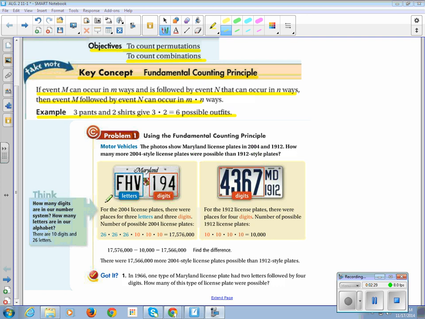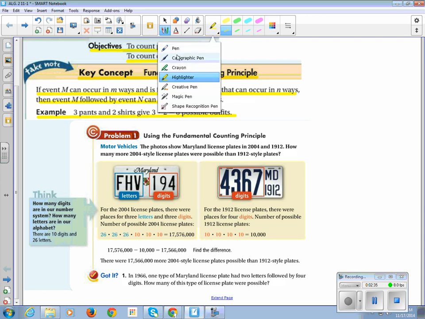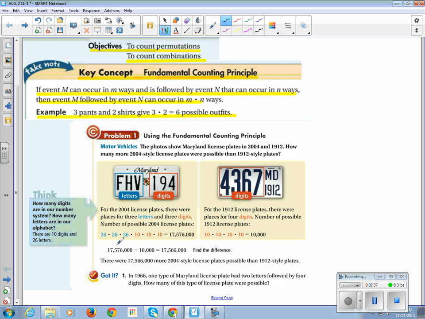So you want to look at it, and I do this by making a little line to represent each item that I'm looking for. So in this case I have 3 letters, 1, 2, 3, and 3 numbers, 3 digits, 2, 3. So I have 6 altogether.